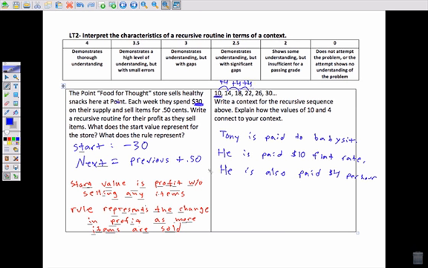Okay. So the values of 10 and 4, how do they relate to the context? The value of 10 is the amount of money made for working or babysitting 0 hours.